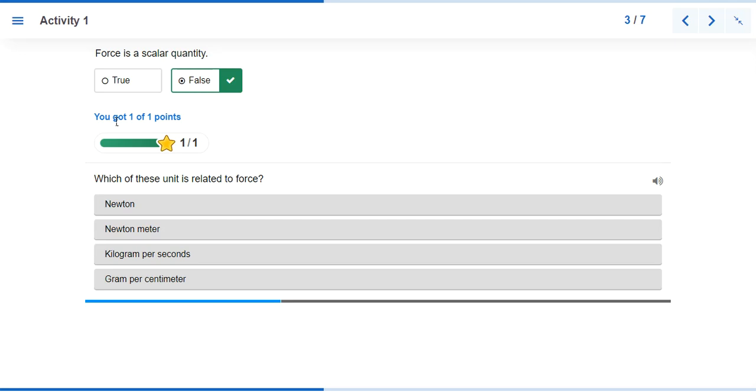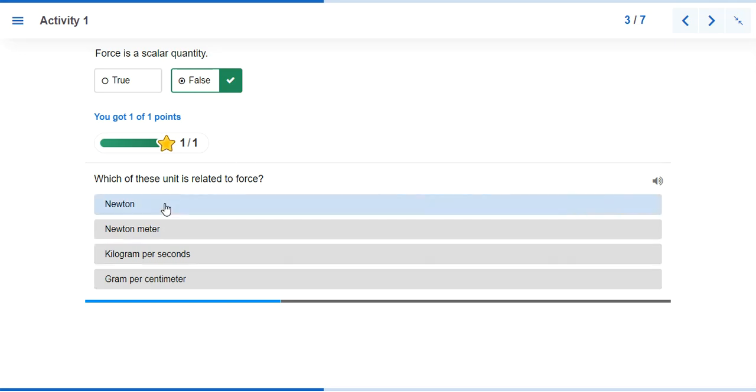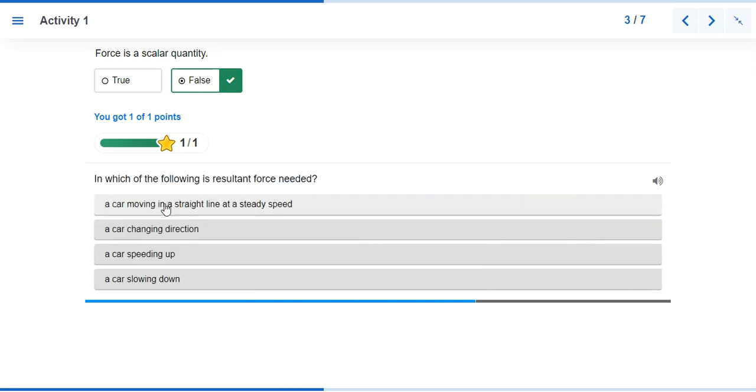Kilogram per second. This is not related in such a way to any quantity. Newton meter. Then we can talk about some other quantity. Then Newton, that is the unit of force, as we can see.